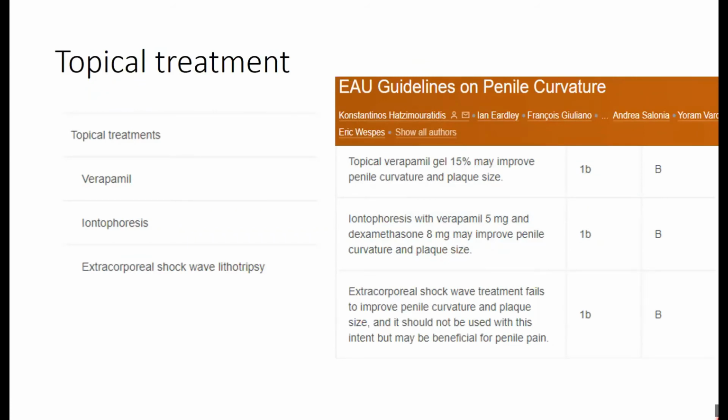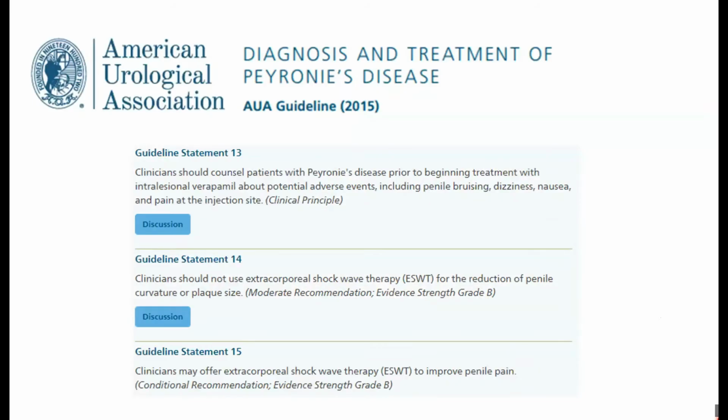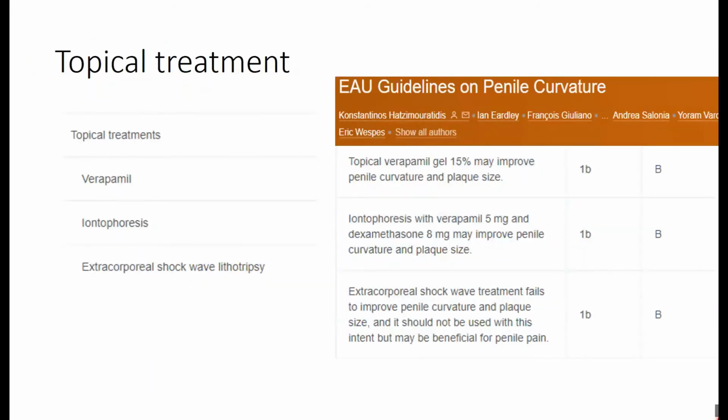Now, the topical treatments for Peyronie's disease are verapamil, iontophoresis, and ESWL. Topical verapamil gel 15% may improve penile curvature and plaque size.